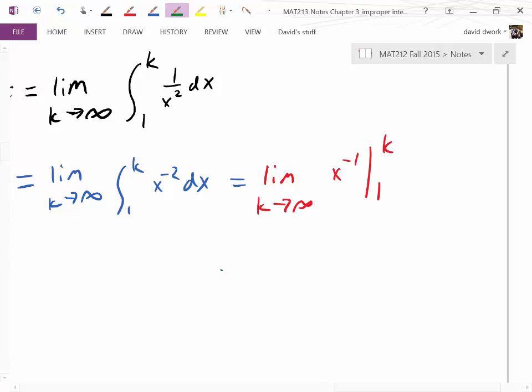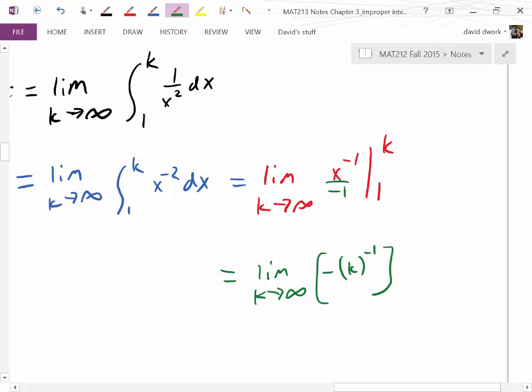Now when we go ahead and substitute that in, this would be the limit as k approaches infinity of k to the negative 1. Excuse me, I forgot to divide by my negative 1. So that would be negative k to the negative 1.